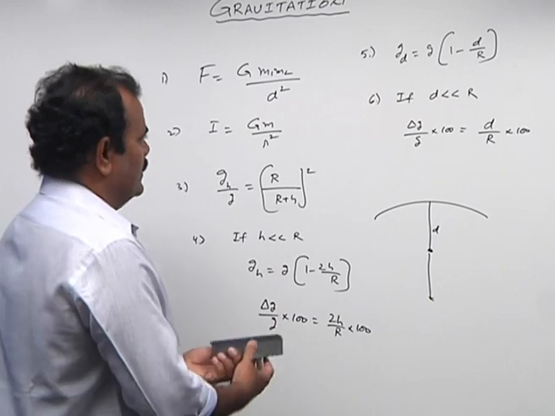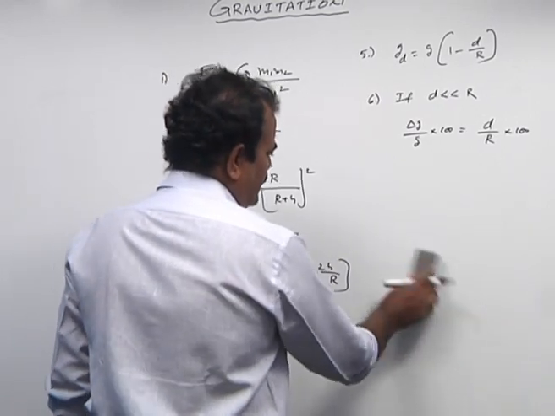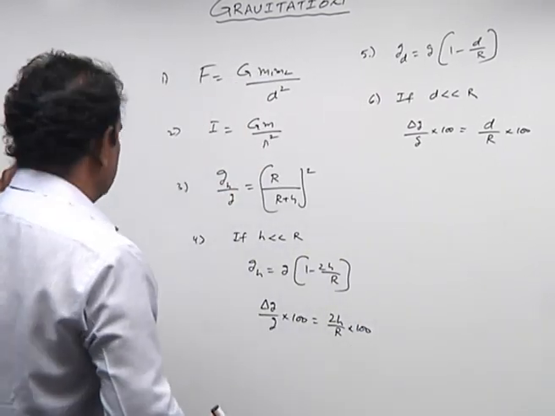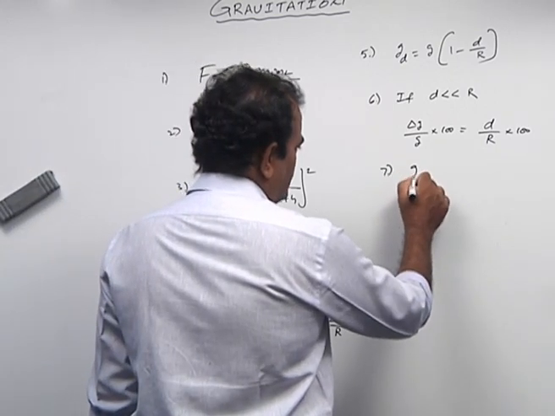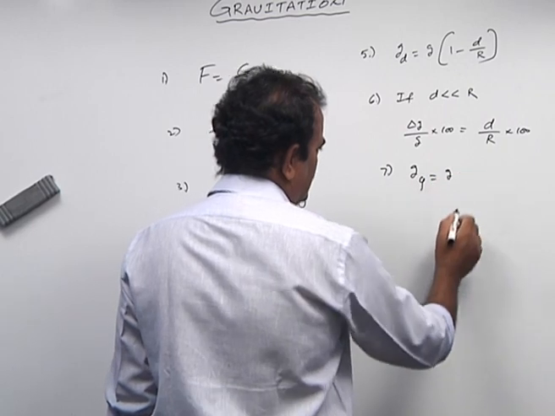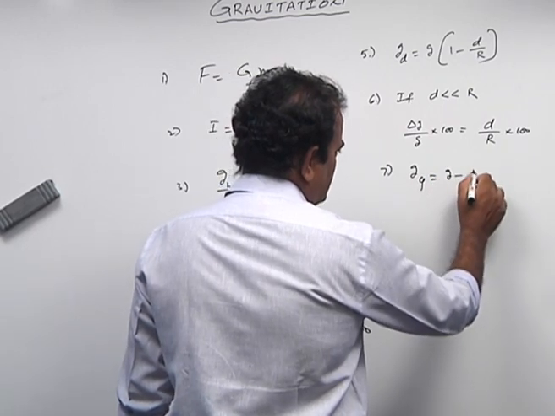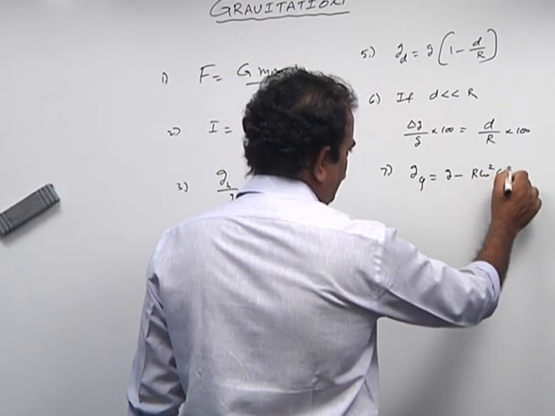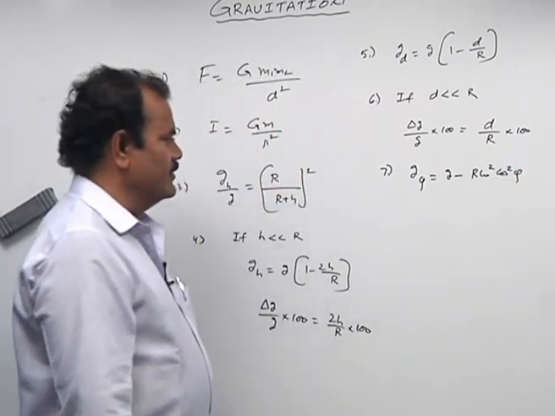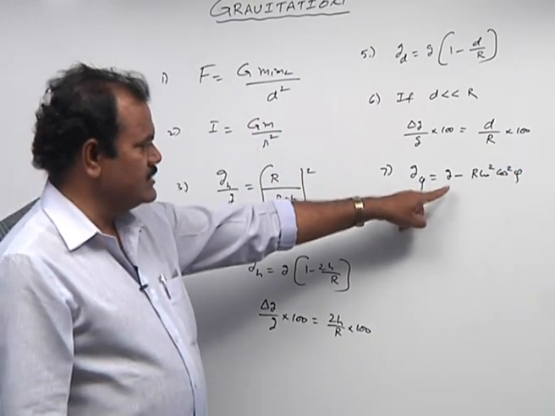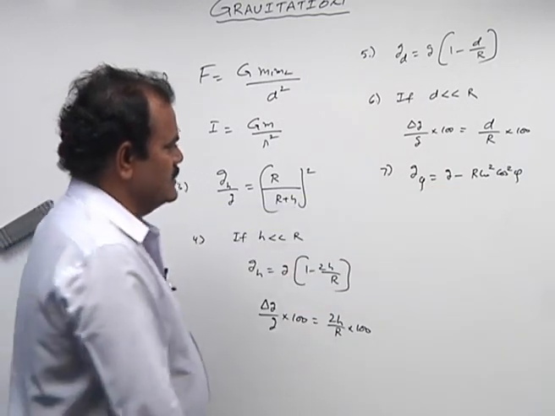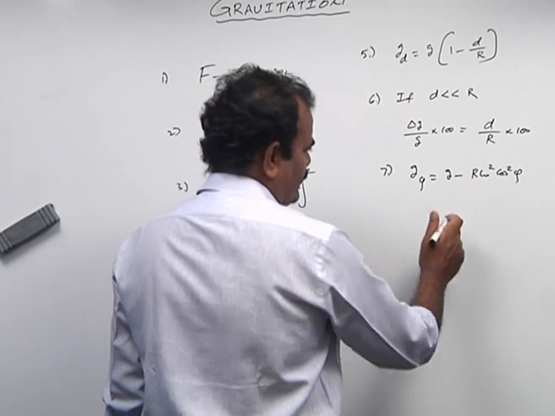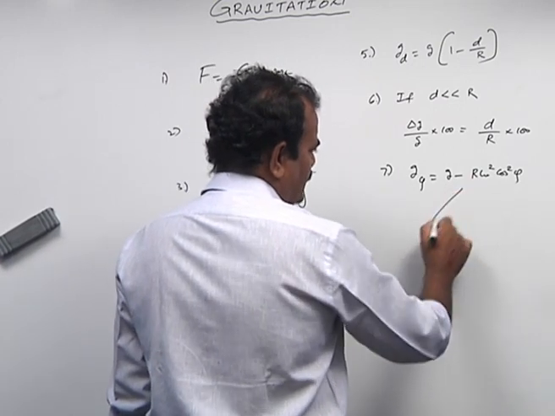And one more point covered in the last class is the latitude effect. Its formula is g_phi is equal to small g minus r omega square cos square phi. We have taken two cases.